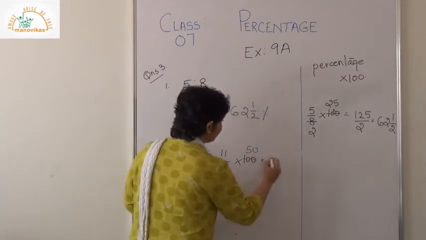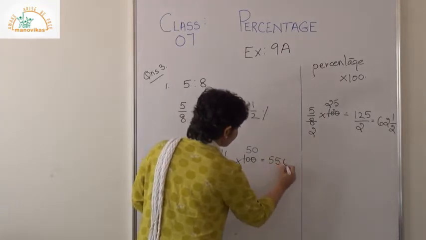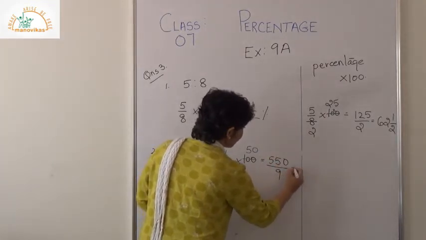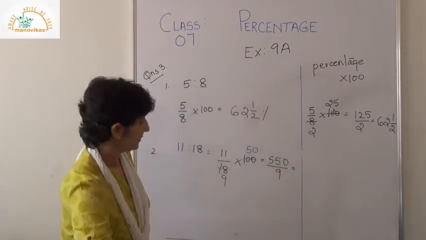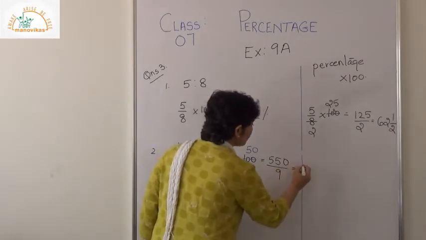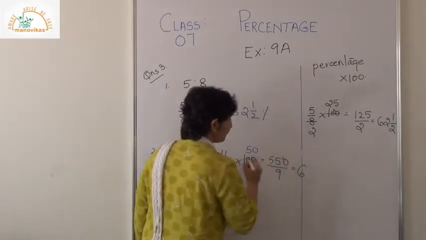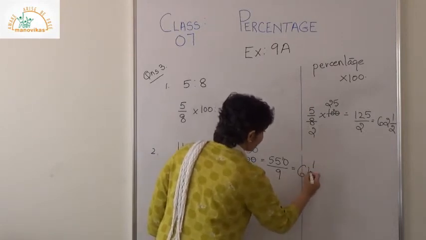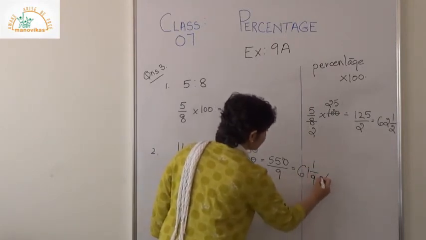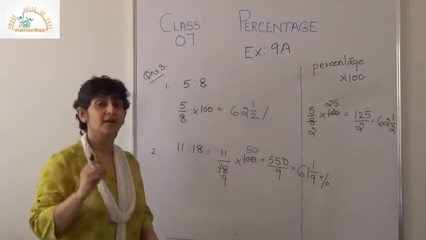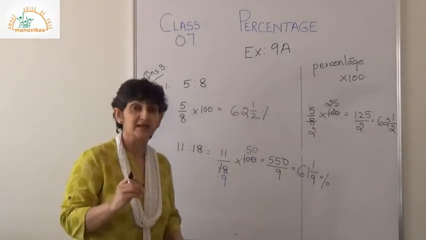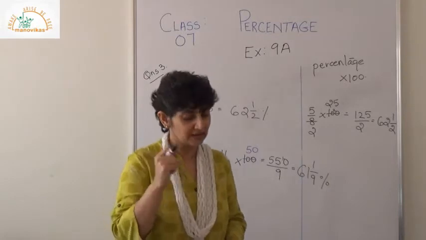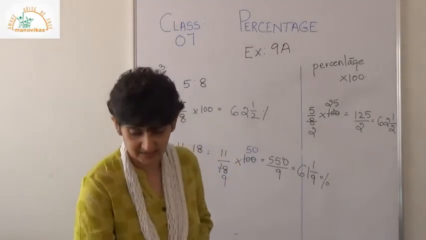So what do I get? 11 5s are 55. Put this 0 upon 9. How do I convert this, children? 9 6s are 54, 55. 9 1s are 9, 10 upon 9. So your answer is 61, 1 upon 9%. So have you all understood how to do it? Let's move on to the next question.